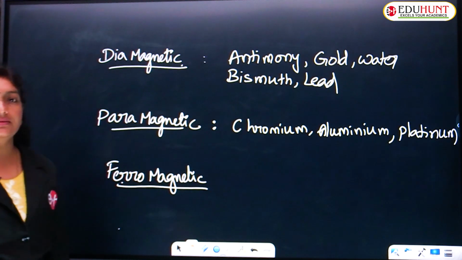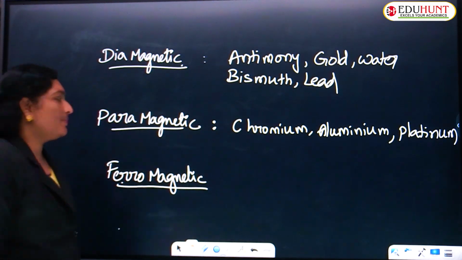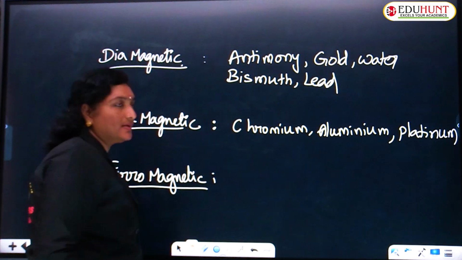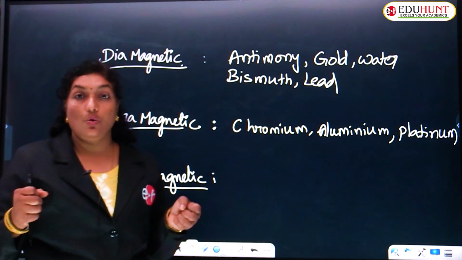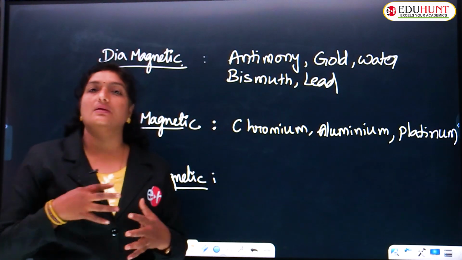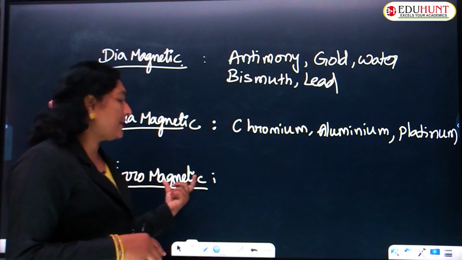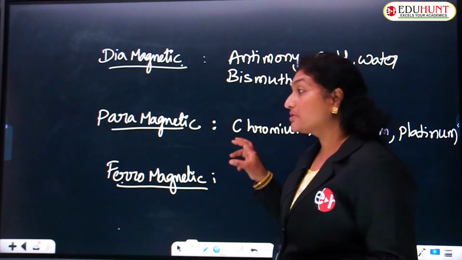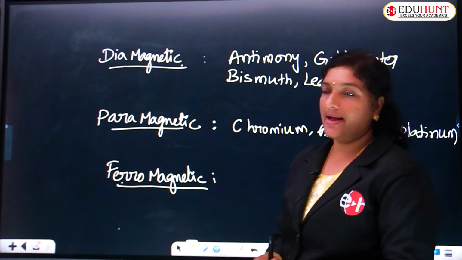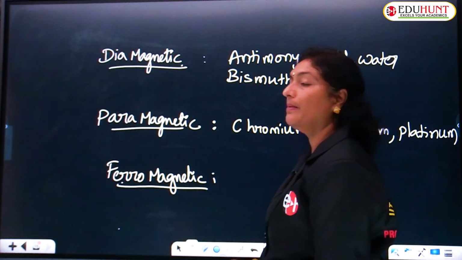And now the last, regarding ferromagnetic substances. What are ferromagnetic substances? Those substances which show a high tendency towards a bar magnet, like a high magnetic power. Those substances which are strongly attracted by a bar magnet are called ferromagnetic substances.